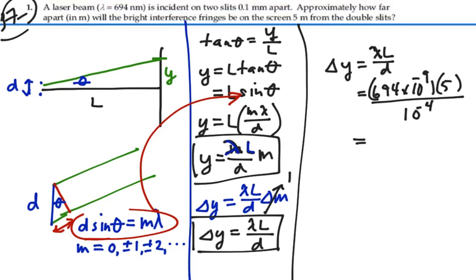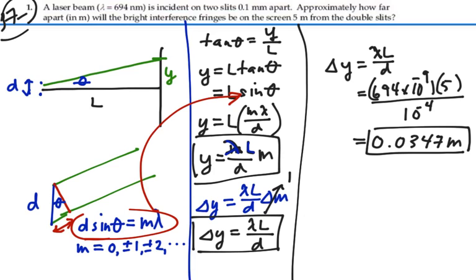And what is that going to give us? 0.0347. Everything is in meters, so that's going to be meters. That will be the separation distance between successive maxima on the screen, which is about 3.5 centimeters.